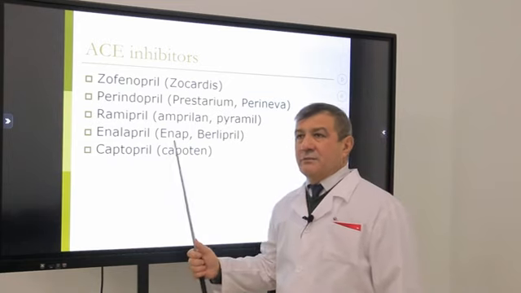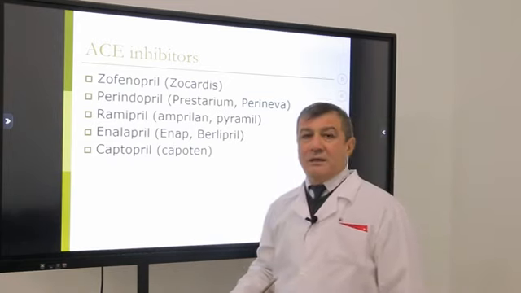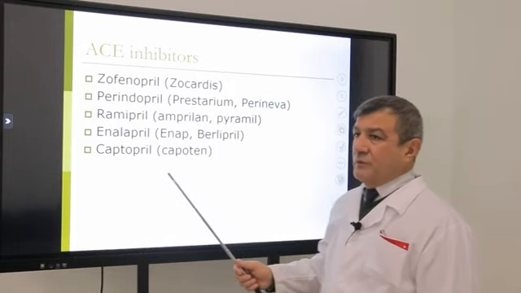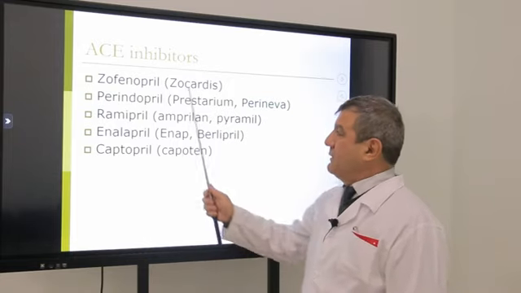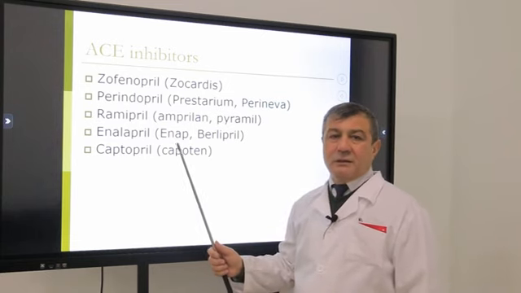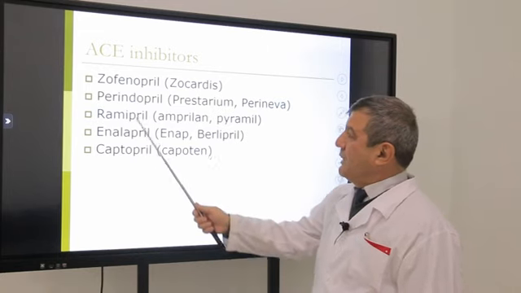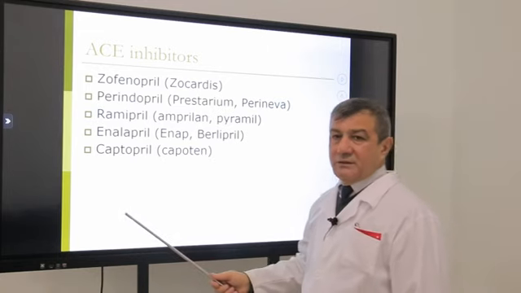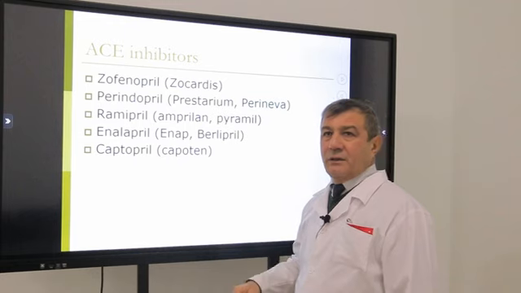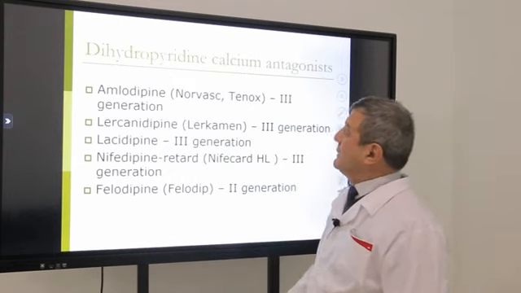Except dry cough, these medicines have a side effect like hyperkalemia. Therefore, we have to pay attention. When we recommend these medicines, we shouldn't recommend medicines which contain potassium. If patients have cough, we have to stop these medicines. Instead, we have to choose medicines from another group.